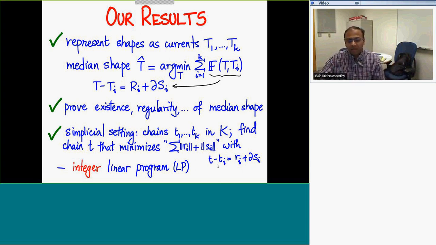Essentially, T minus Ti is homologous, well, directly, T minus Ti is not just the boundary of Si, but it could be another P of the same dimension plus the boundary of a higher dimension. In some cases we can pose this as a linear program. It turns out that we can throw away the integer restrictions, and even if we do throw them away, we are getting integer solutions.